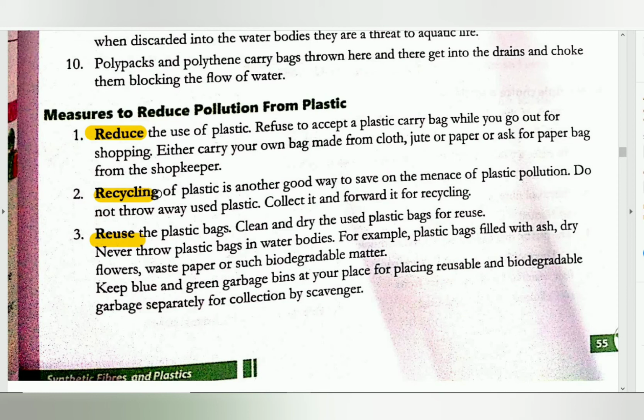And of course recycle is another good way to reduce the use of plastic. Alright, next one is reuse the plastic bags. We can clean them, dry them, and use them again instead of throwing these carry bags. Alright, so these are some measures which we have to take to reduce the pollution from plastics.